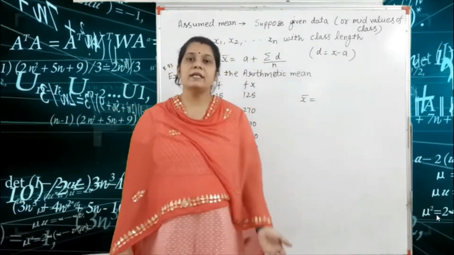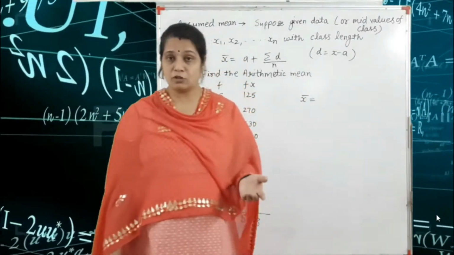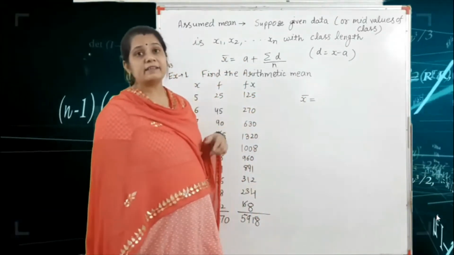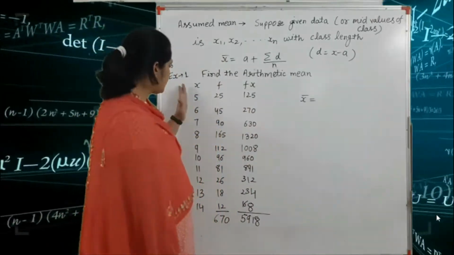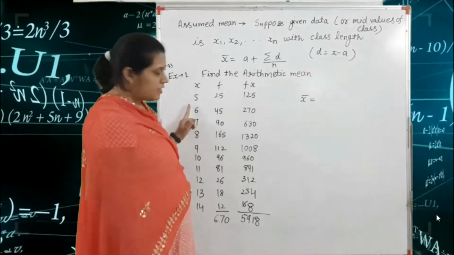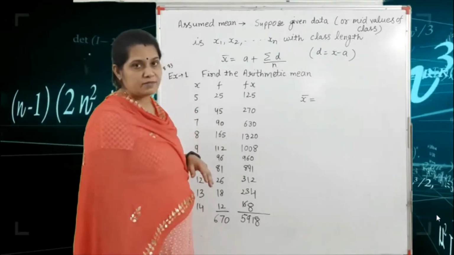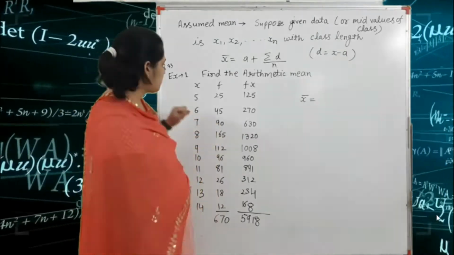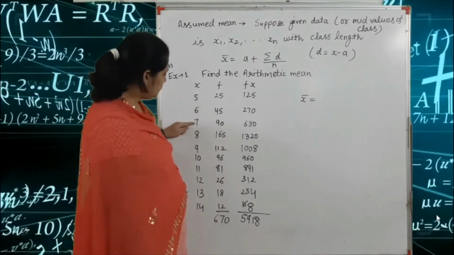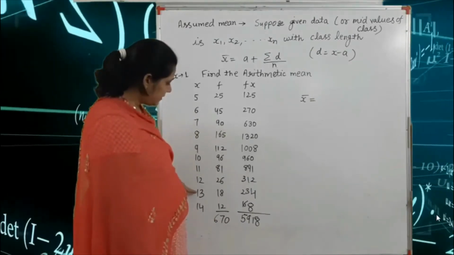For example, if in your question only the value of x is given, got it? So you find x bar is equal to sum of all these values divided by the number of terms. So what is the number of terms? Number of terms is 1, 2, 3, 4, 5, 6, 7, 8, 9, 10.